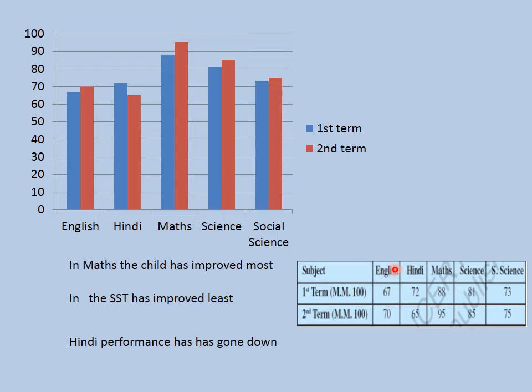Now let us see here. First term English marks 67. There are two bars here. You are observing there are two different colors. First term we have given blue and second term we have given red. Because you have two bars at every subject, this is called a double bar diagram.